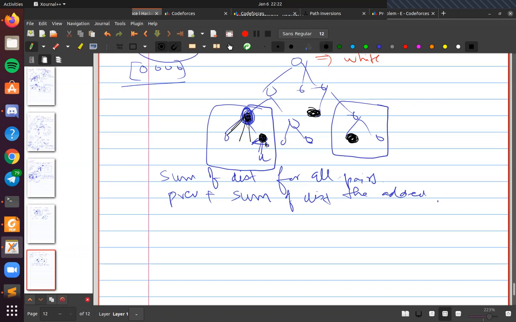Whenever you're given a query, whenever you update a node, you calculate the distance again for all the paths which contain this node. Let's assume I have updated the tree and now I am adding a node, and these black nodes are already added. So you travel to its parent, now I travel to this one.